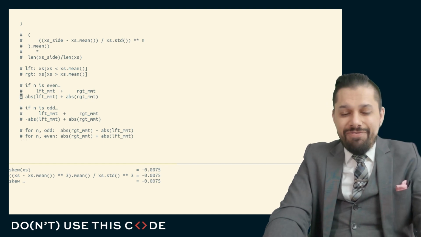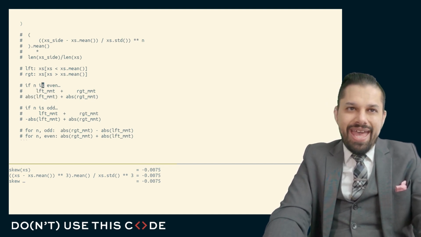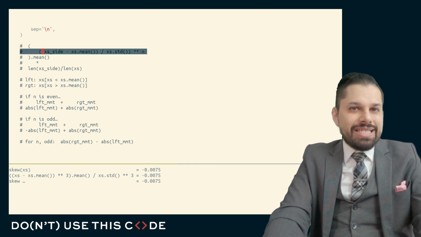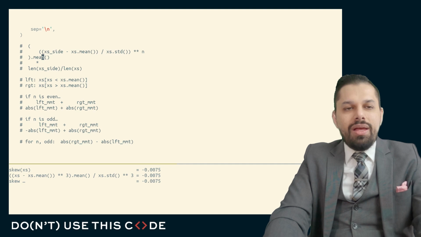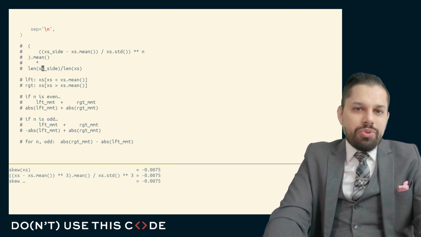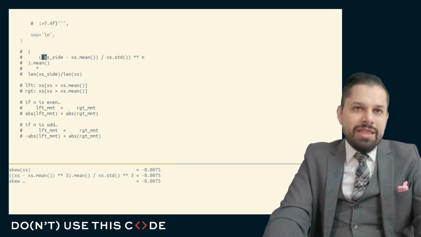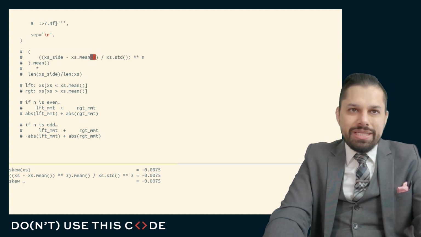But if I also take the absolute value of these two sides, if n is even, this thing is always going to be even, so the absolute value has no effect. But if n is odd, the absolute value preserves the sign. If I'm on the left-hand side, I'm always below the mean, meaning this part is always negative, meaning this thing is always negative.